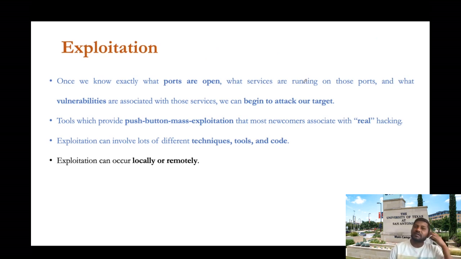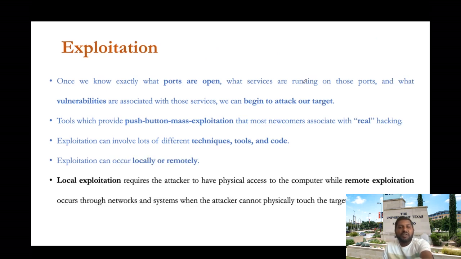If the pen tester does the exploitation internally, it is local. If done from outside, it is external. Local exploitation requires the attacker to have physical access to the computers or servers, while remote exploitation occurs through the network and systems when the attackers cannot physically touch the target.